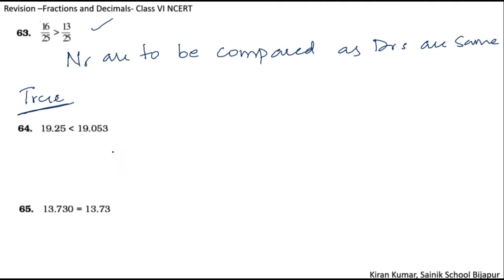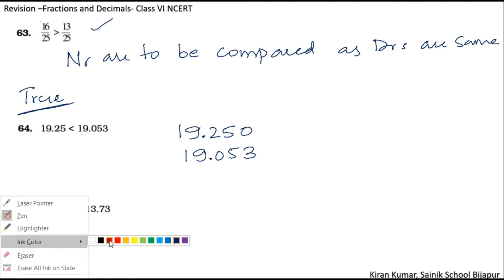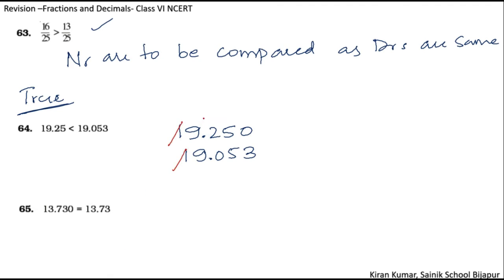In the next one, we need to compare them. I'll first write them as like decimals. Now I have made them as like decimals, same number of decimal places. Here we go for comparison. If you compare, 1 is same, 9 is same, 2 and 0, 2 is obviously greater compared to 0.